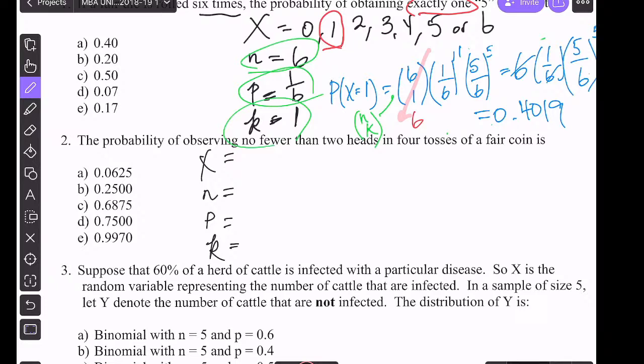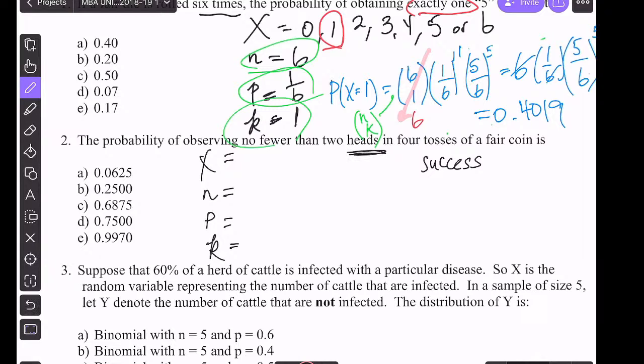All right. So what are X, P and K? What's a success? I'm looking for feedback. You guys aren't giving me feedback. So success would be heads.